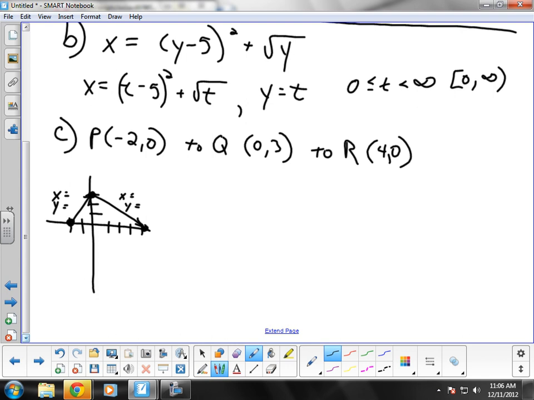Now, you proved a while ago on the board that we can always take lines, and that's what these are, and write them in the form that x is equal to x sub 0 plus a times t, and y is equal to y sub 0 plus some b times t. Remember when we did that a second ago? We're going to actually use it now.